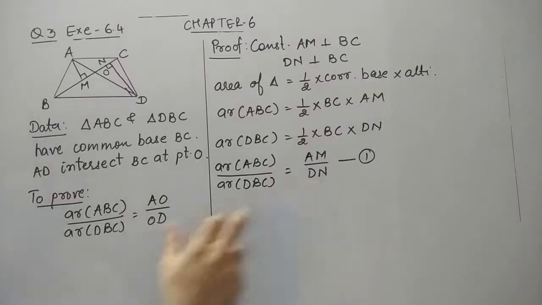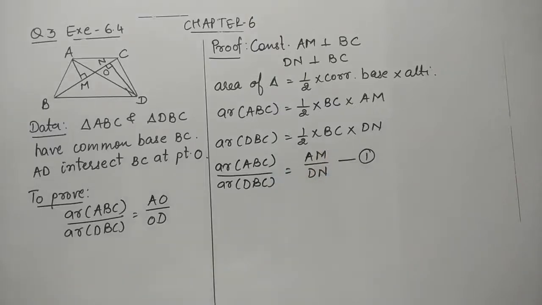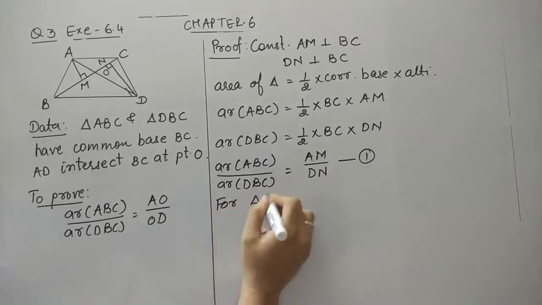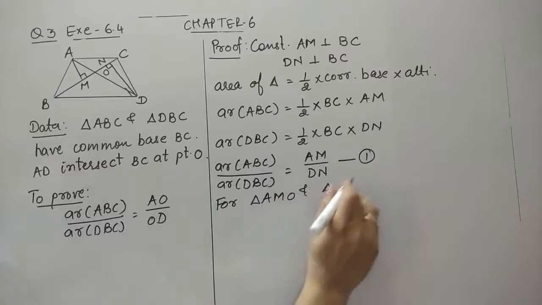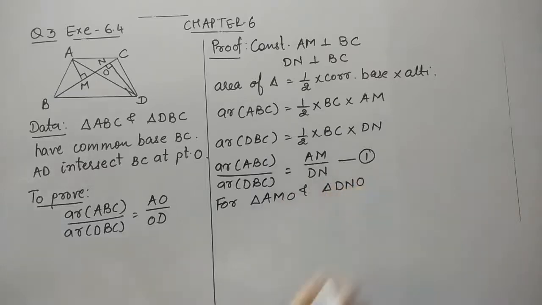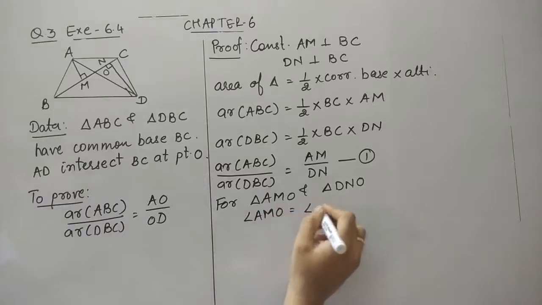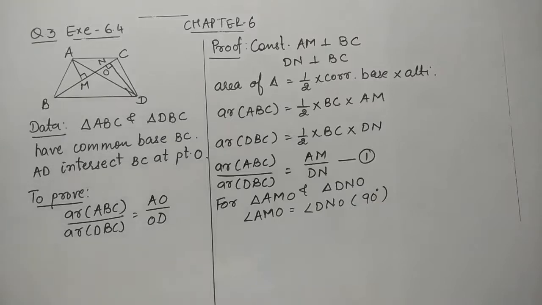So look at these two ratios. The numerator AO and AM belong to triangle AOM. So let us show the correspondence for triangle AMO and triangle DNO. We can clearly see that both angles are the same because they are right angles: M is a right angle as well as N, as we have mentioned they are perpendicular.